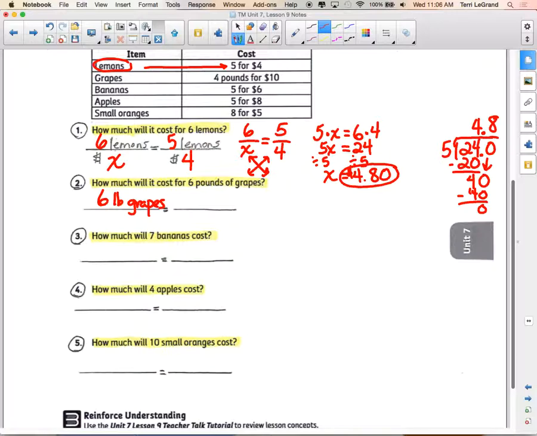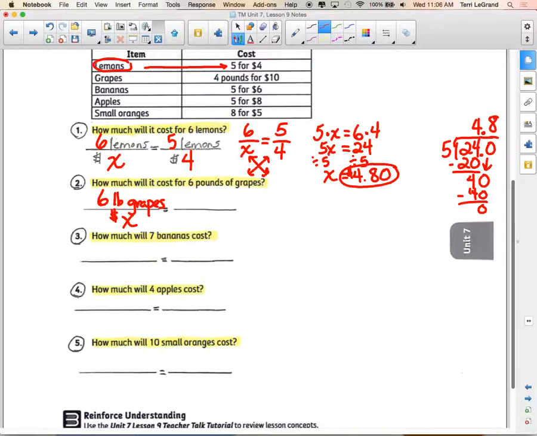What are we going to put downstairs then? X, and what label should X have? Dollars, okay? How much will it cost for those 6 pounds of grapes? Okay, now we're going to set up our other fraction, our other ratio. Go up to the table and decide what could we do to get another ratio.